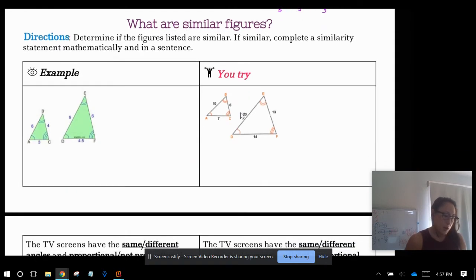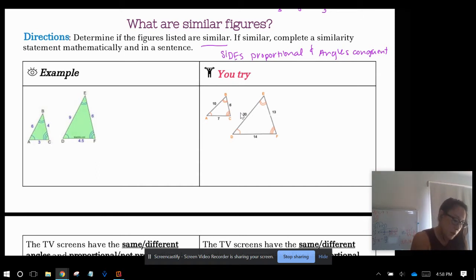All right, so we're going to determine if the figures are similar. That means that the sides are proportional and the angles are congruent. So we just need to test to see if the angles are the same and the side lengths are proportional.